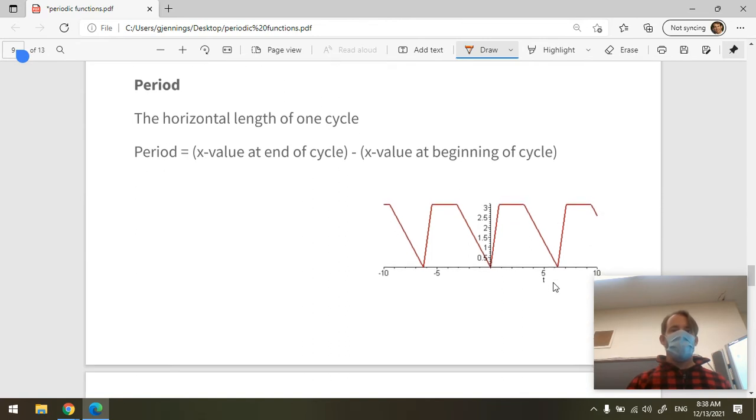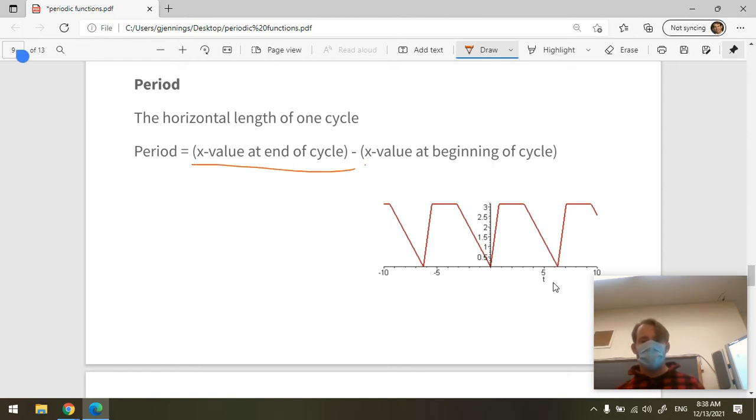And the period is the length, the amount of distance you have in the domain for one cycle. How many x values comprise one cycle? So in this case, if this is starting down here at about minus 6 and a bit, and then goes up to 0, and then continues from here and goes up to 6 and a bit, the way you would calculate the period is the x value at the end of the cycle minus the x value at the beginning of a cycle. So let's use some easy ones to keep it easy for ourselves.